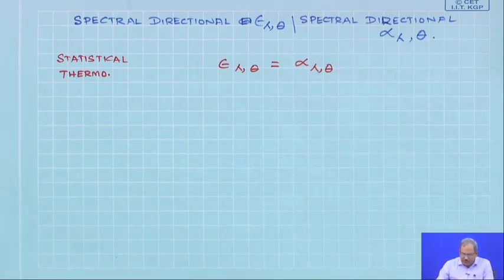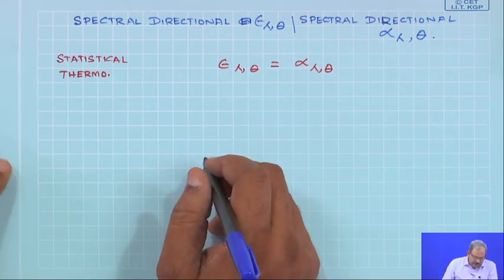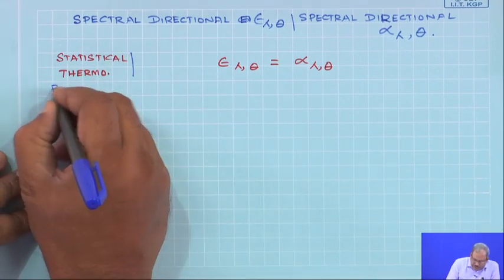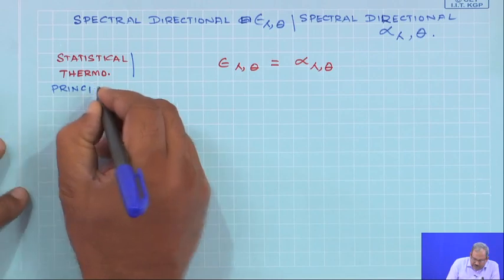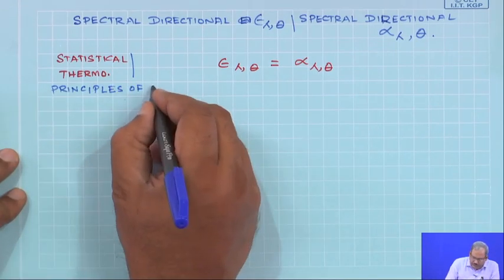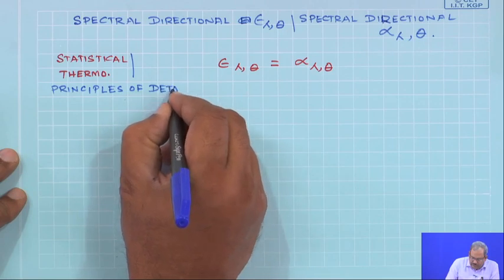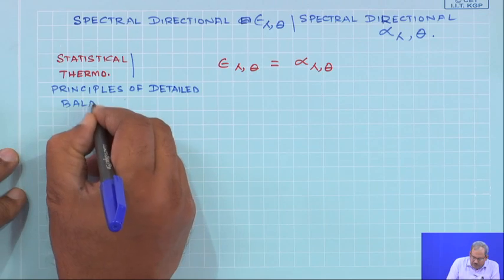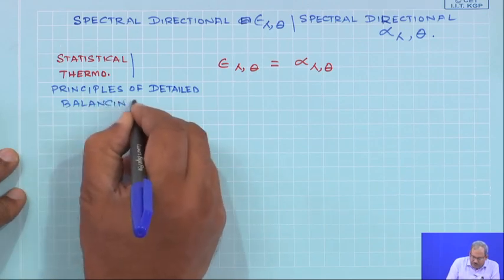So, this comes from statistical thermodynamics, and this follows from something which is called the principle of detailed balancing, which is beyond the scope of this course.